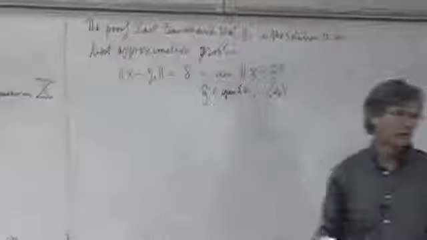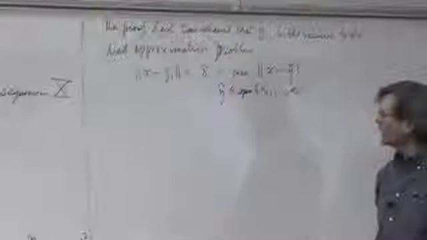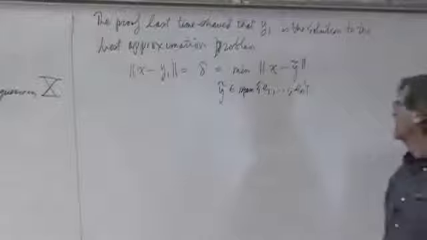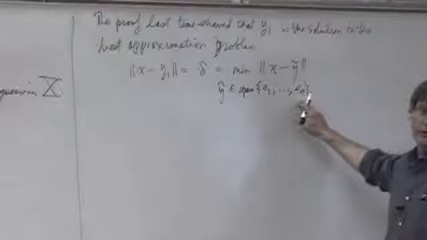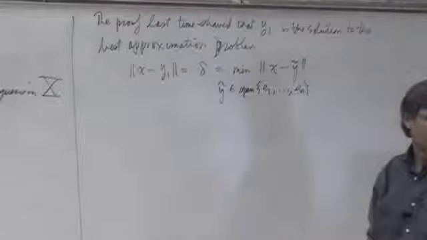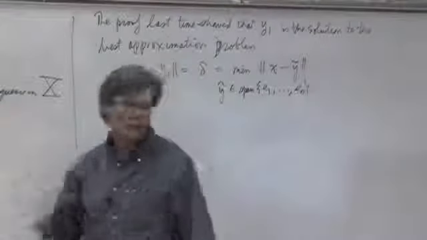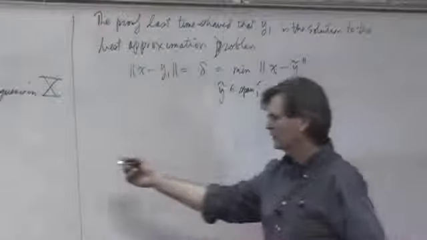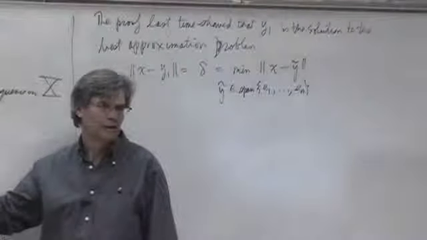So we actually said that if I wanted to approximate x by a vector in the span of the first n of these orthonormal vectors, then I would choose this finite Fourier series to do the job.